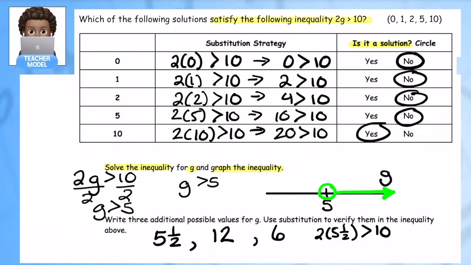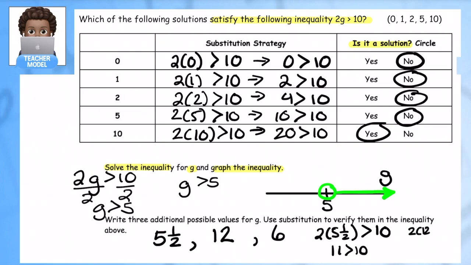So I'm going back to my original. 2 times 5.5 is 11, and 11 is greater than 10. So please don't think that it's only a whole number. These are not just whole number integers. No, I can actually use rational numbers and fractions as well, as long as they are greater than 5.